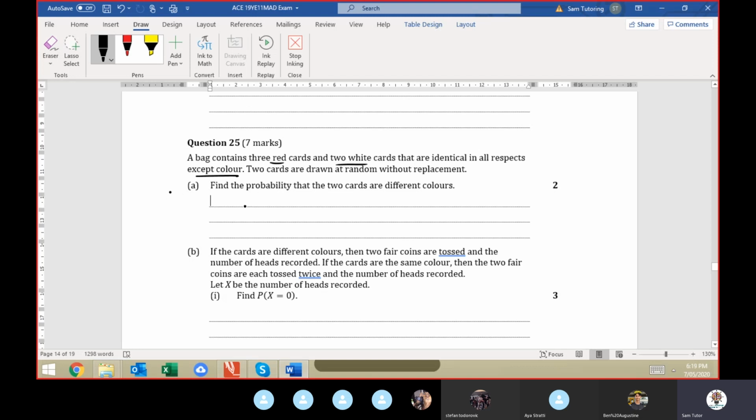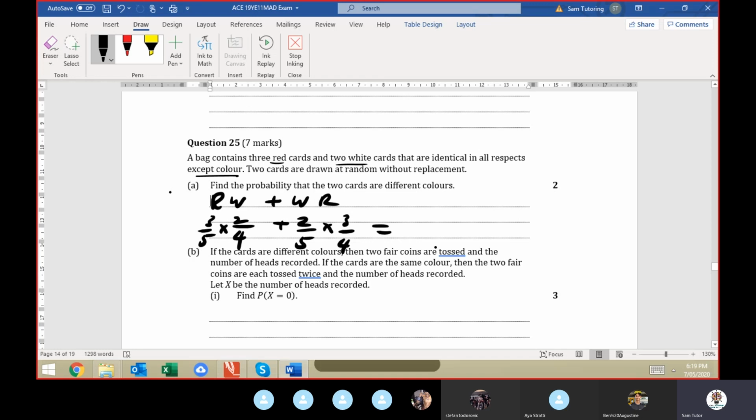There we go. The first one's going to be red, followed by white, and then obviously you're going to add white with red. So red, white, and then white followed by red, which would be, is this without replacement? So the first one for it to be red is 3/5 times 2 over 4, because there's 1 less card, plus 2/5 times 3/4.